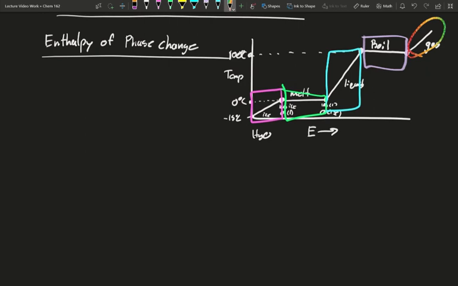Each of these requires its own calculation to determine just how much energy is going in to make that change. I cannot start at minus 15 degrees Celsius ice and calculate directly the amount of energy added to get up to, say, 120 degrees Celsius gas. I'm going to have to do each of these parts individually.